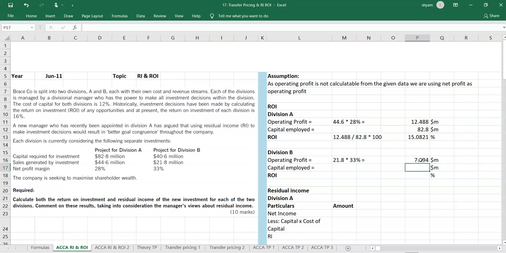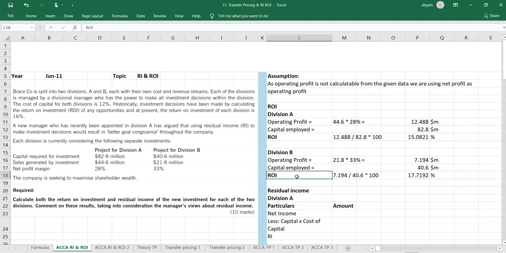Capital employed is directly given, that is $40.6 million, and ROI will be 7.194 divided by 40.6 into 100. So the answer comes to 17.71. So we got the ROI.